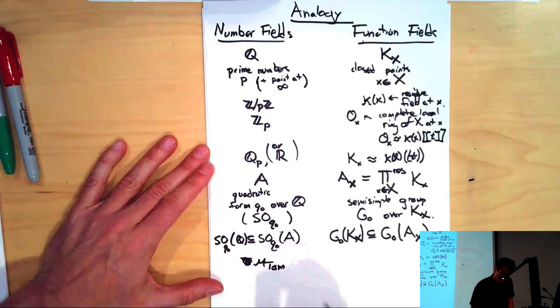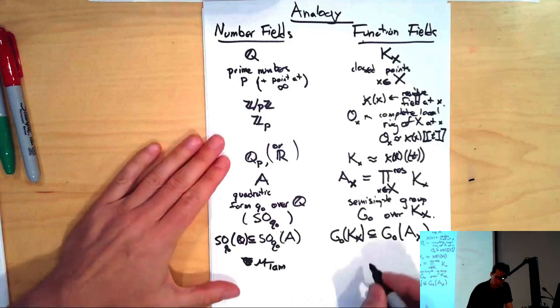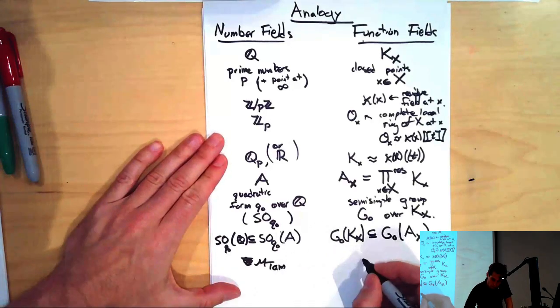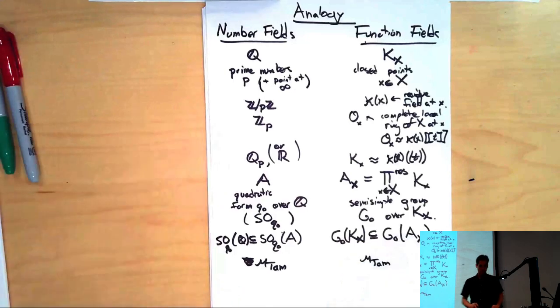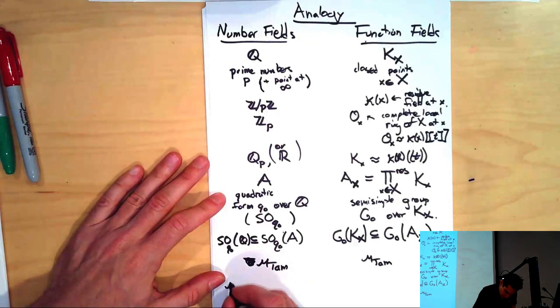And the construction of Tamagawa measure makes perfect sense in the function field case too. Any semisimple group over a function field, its adelic points have a canonical translation invariant measure, which is also called Tamagawa measure.